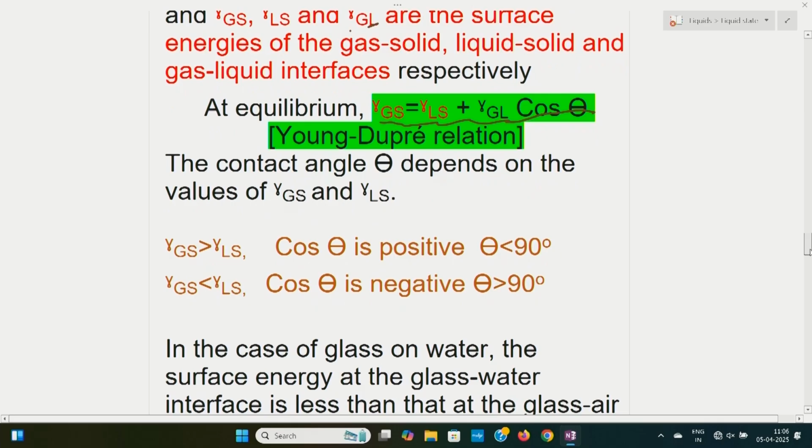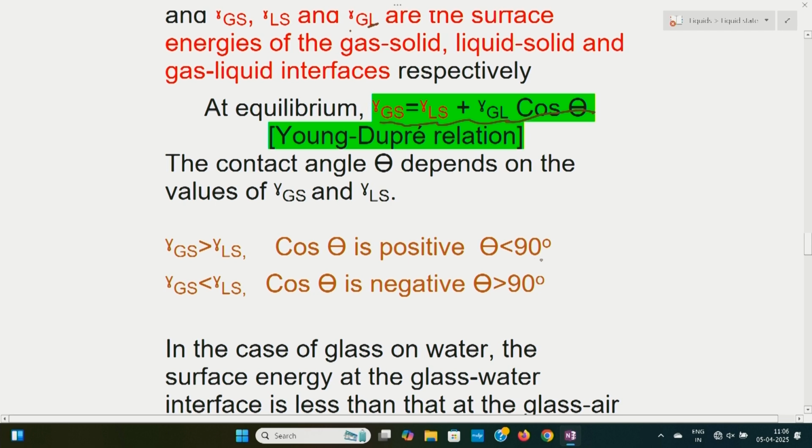If the surface energy of the gas-solid interface is greater than the surface energy of the liquid-solid interface, then cos theta will be positive. That means theta is less than 90 degrees.